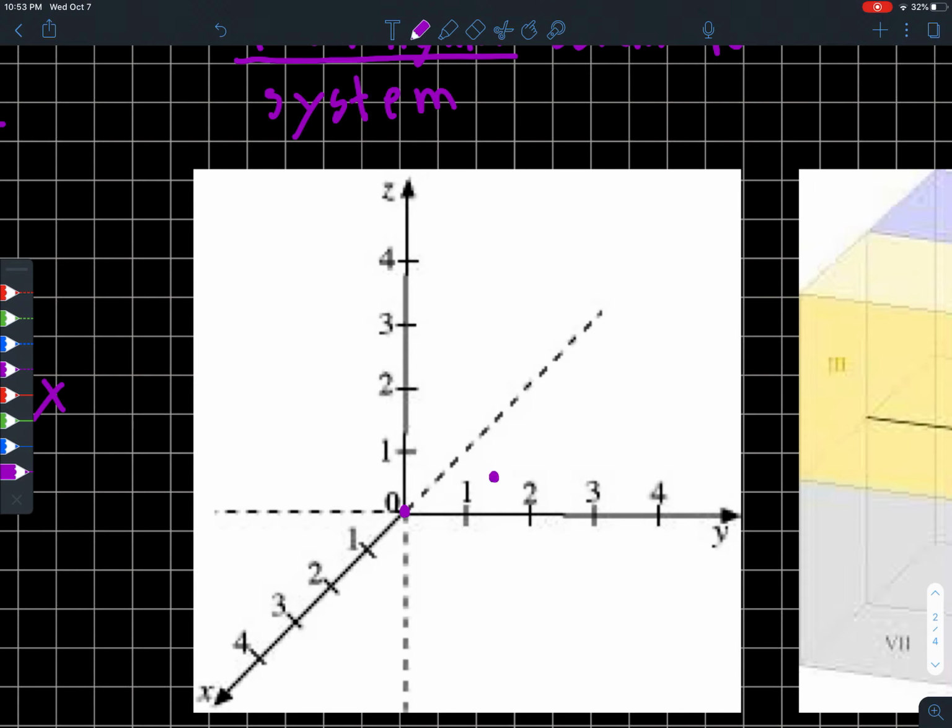Well, you can think of this point as being the corner across from the origin of the rectangular prism with y length, with x width and with z height.